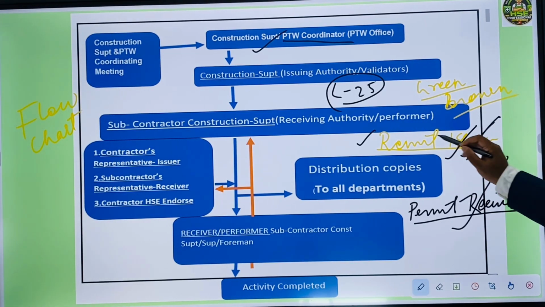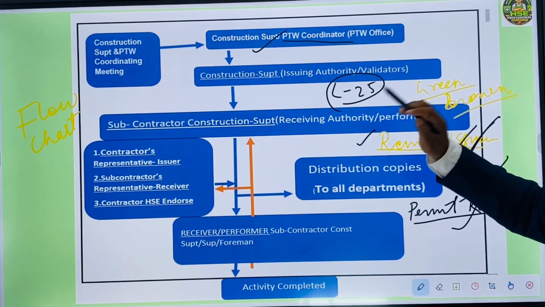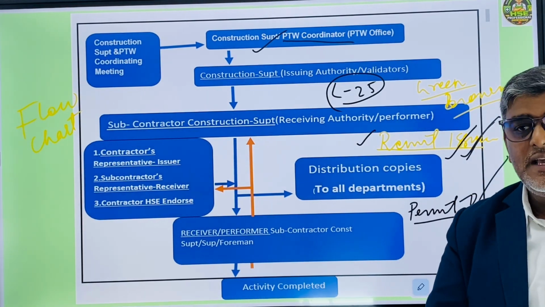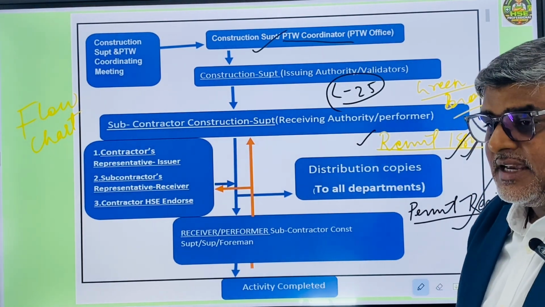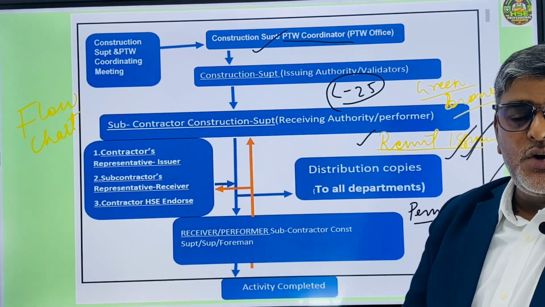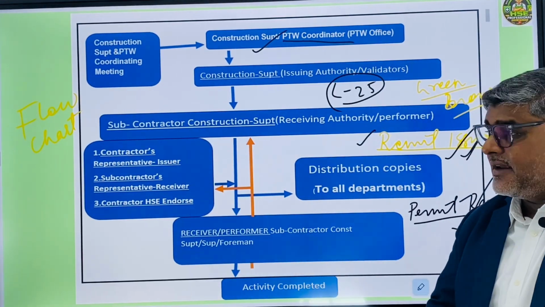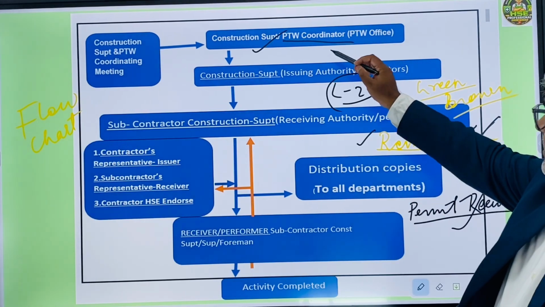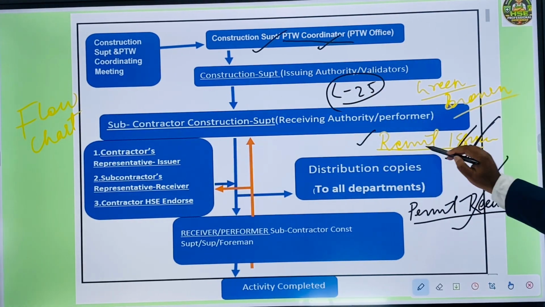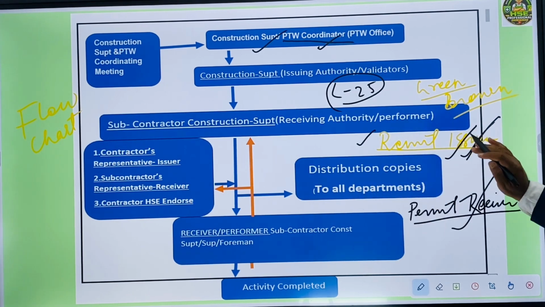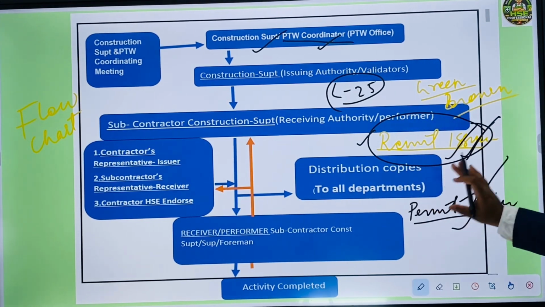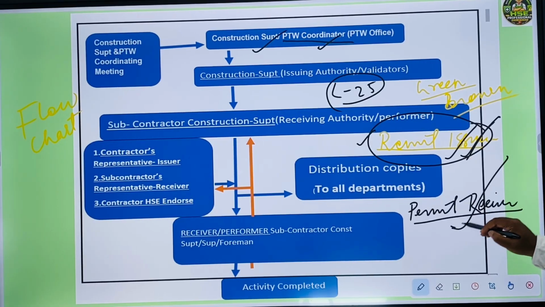The permit issuer and construction superintendent or construction manager will sit together to discuss what type of activities, whether mechanical, civil, or electrical, and what type of equipment we are going to utilize. Then the coordinator will confirm with the construction manager and give the permit to the permit issuer, and the permit issuer will issue the permit to the receiver.